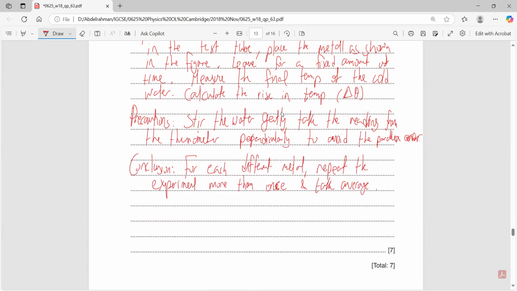Then record the readings in a table if you want. I know in this question we do not have a table.